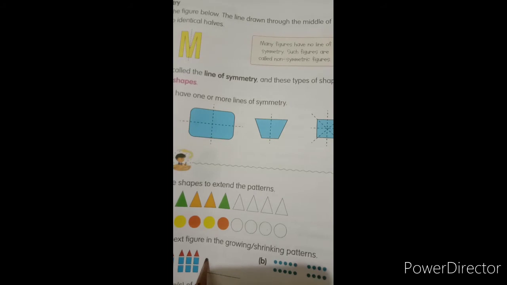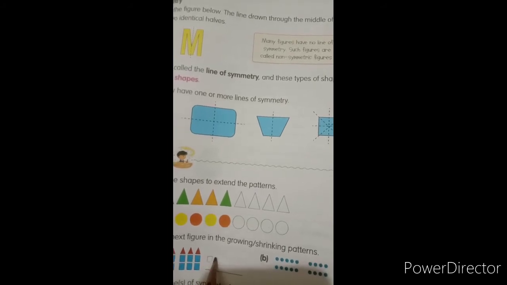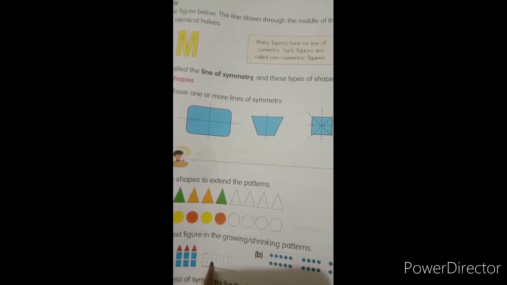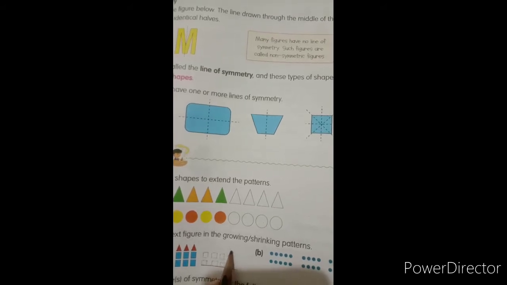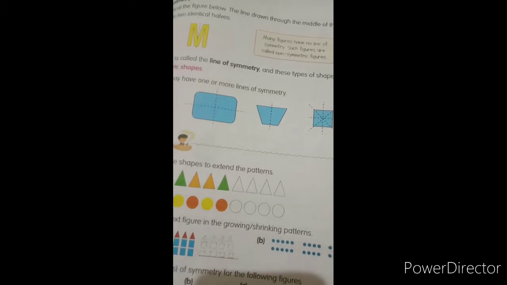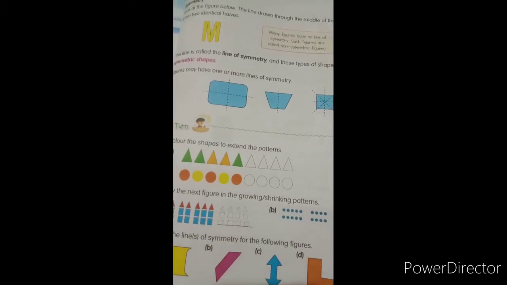So in the next pattern, there are 8 squares and 4 triangles. Okay, 8 squares and 4 triangles.